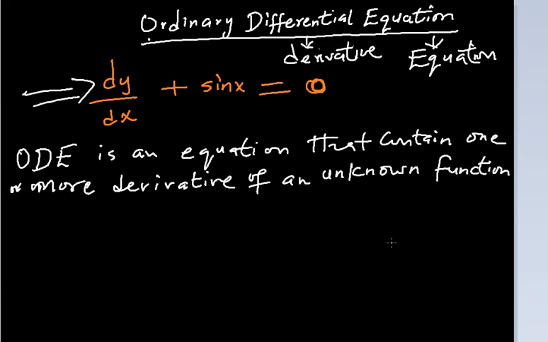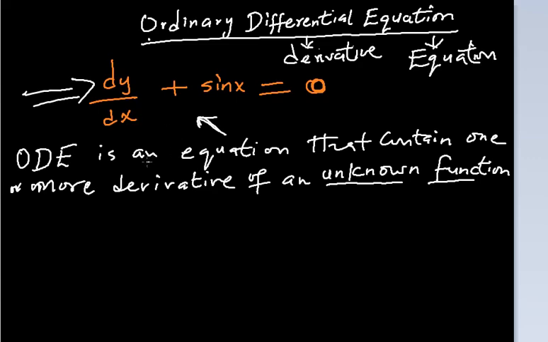So it is an equation, but what makes it unique is that it must have a derivative. Like the example I give here, y' plus 9y equals 0. This is an equation which contains the derivative of an unknown function. The unknown in a differential equation is a function, in the same way that the unknown in a linear equation is just a variable.